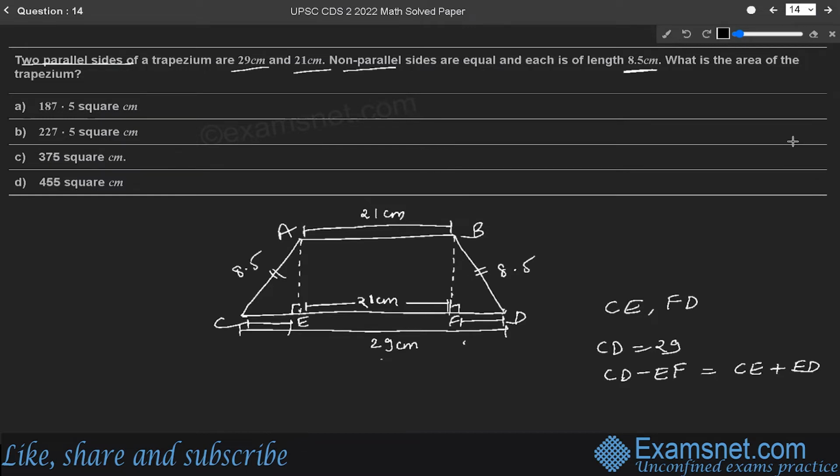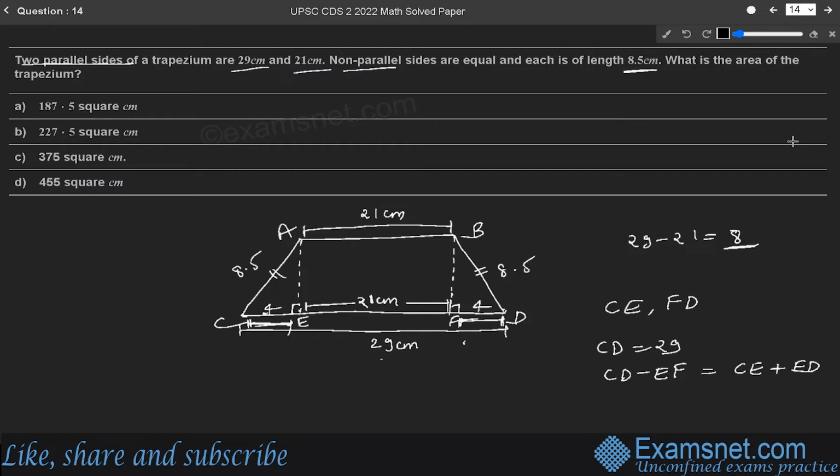So we will get this FD and we will get CE. So 29 minus 21 is 8. But you can see that 8 is the sum of both the sides, means 8 is the sum of FD and CE. So CE will be 8 by 2, which is 4. And similarly, FD will be also 4. 4 plus 4 is 8.